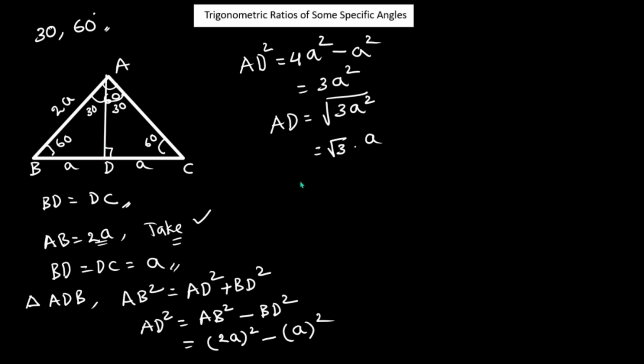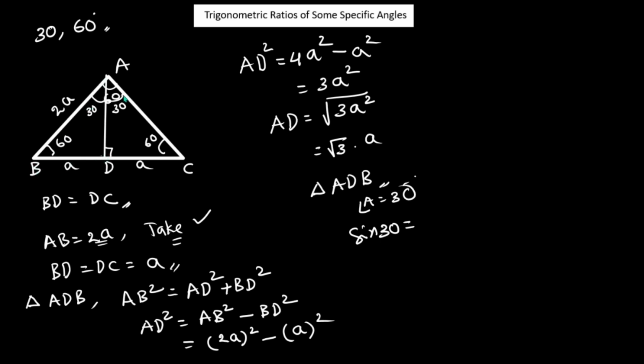Now let's find our trigonometry ratios. Let's take the triangle ADB. The angle at point A is 30 degrees. Let's take sine 30. Sine means the opposite side by hypotenuse. BD is the opposite side.